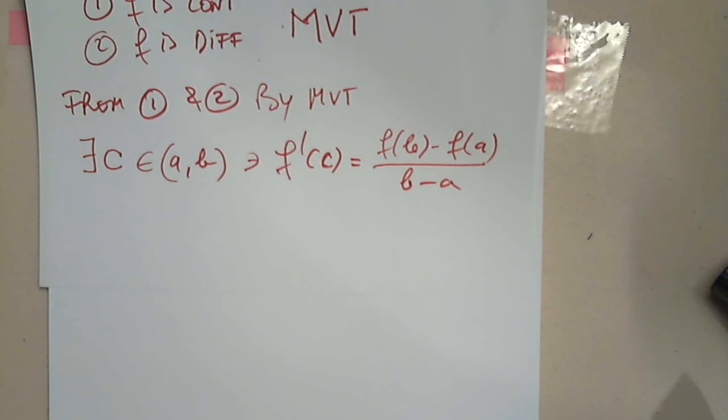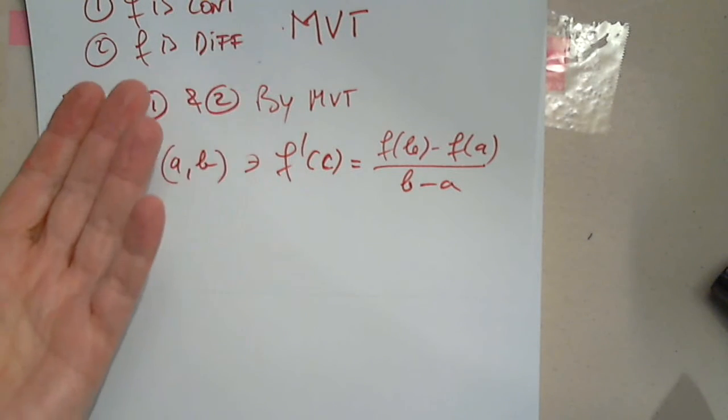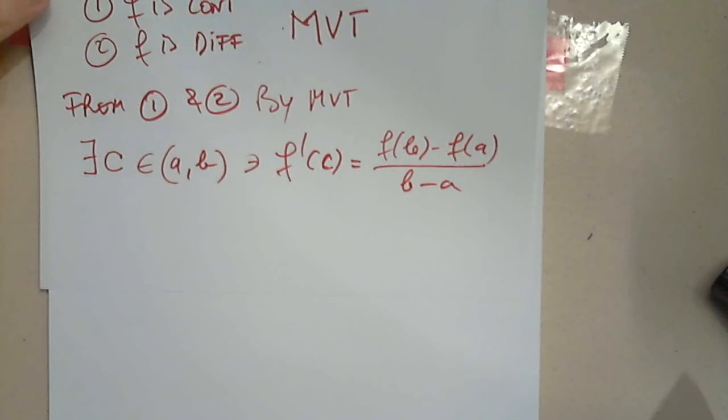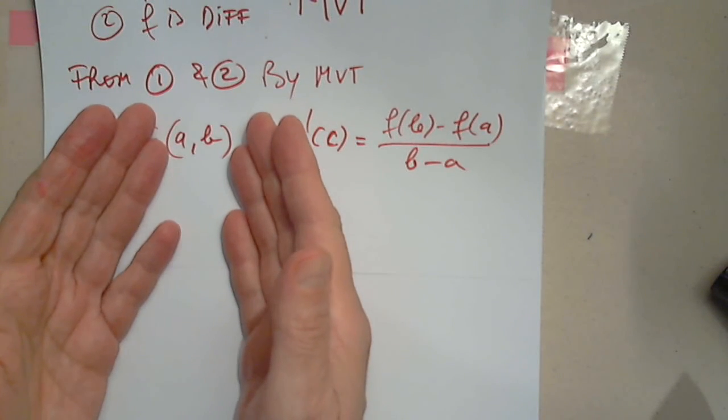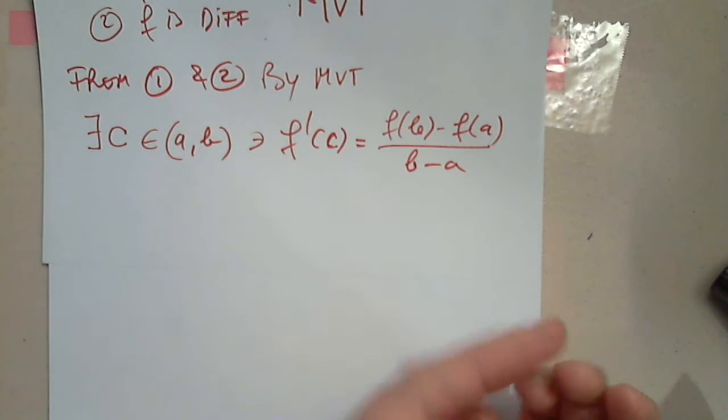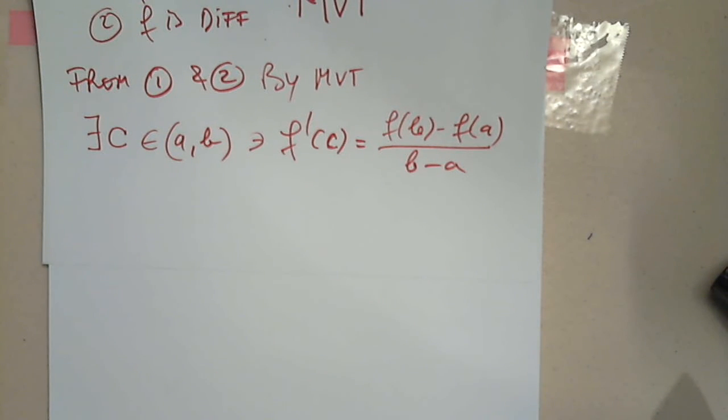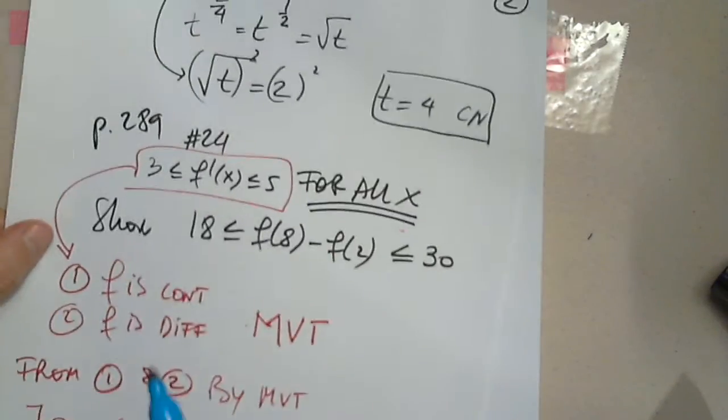This is clear because every time I show that the function is continuous and differentiable, I have to find at least one C in any interval that I need, such that f prime of C fulfills the condition f prime of C equals f of b minus f of a over b minus a. And now I go back to what I need to show.